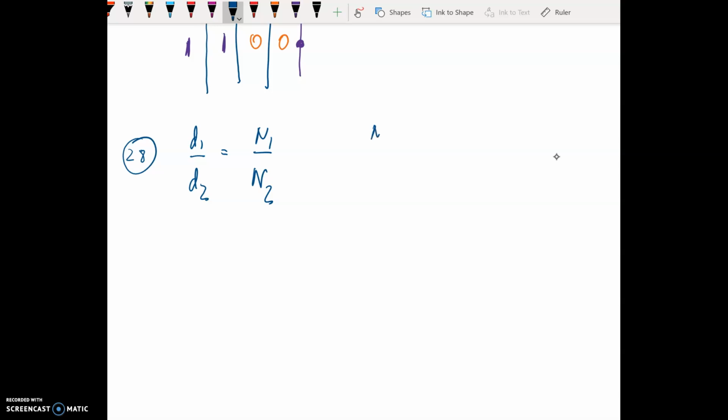Find N1. So the question is find N1, knowing that D1 is equal to 2.60 inches, that D2 is equal to 11.7 inches, and that N2 is equal to 45 teeth.